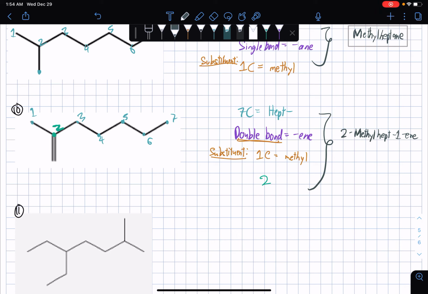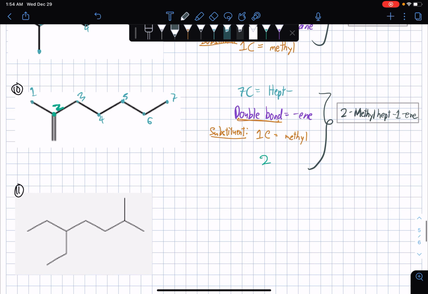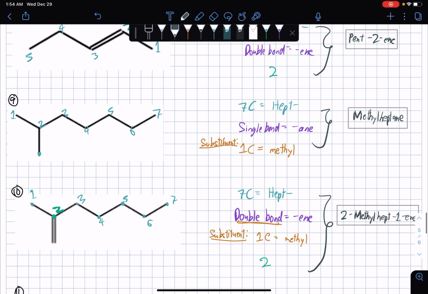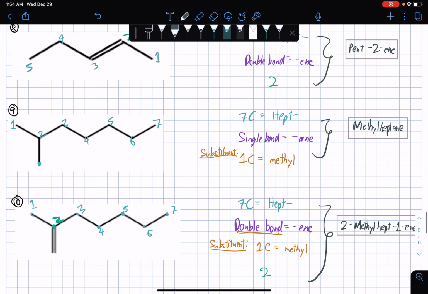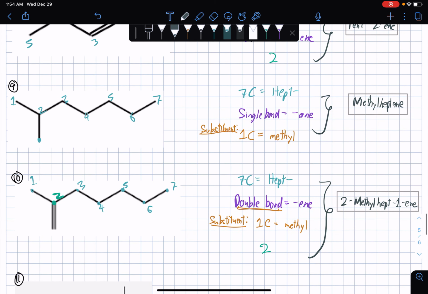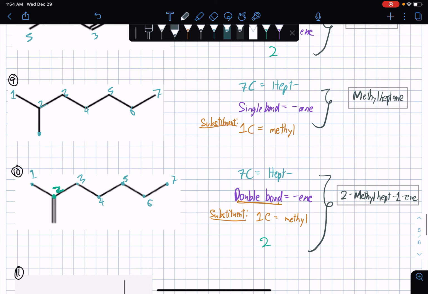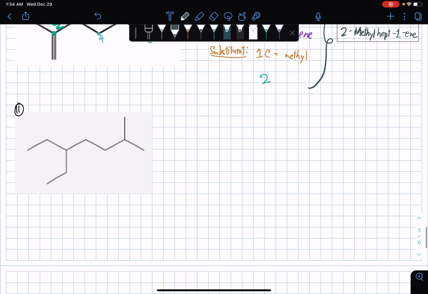So yes, that's everything that's in store for number 10. Let's pause for a bit so that you can absorb the information. Alright, let's move on to number 11.